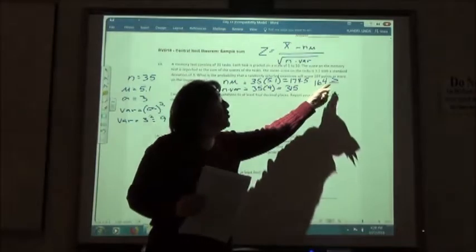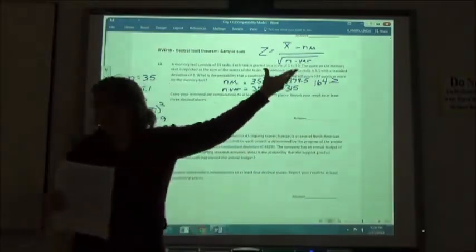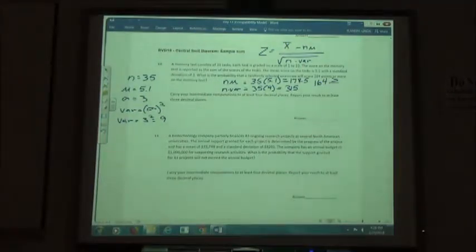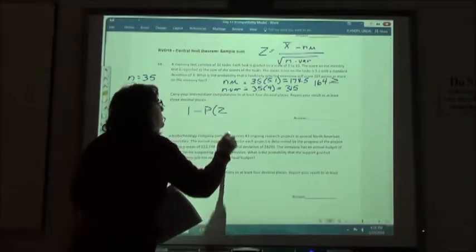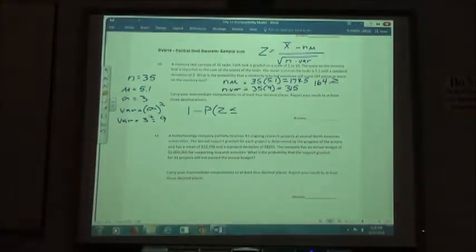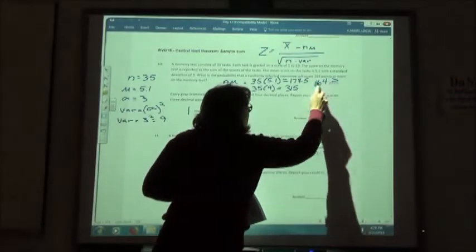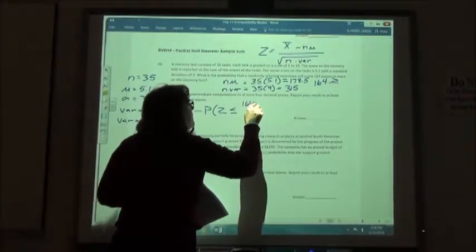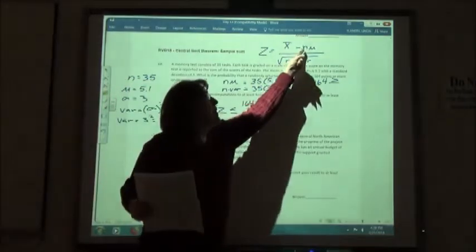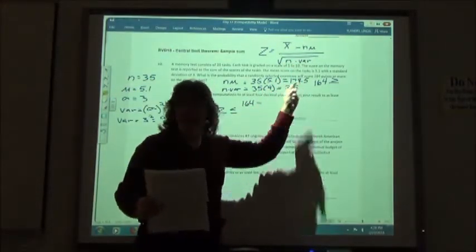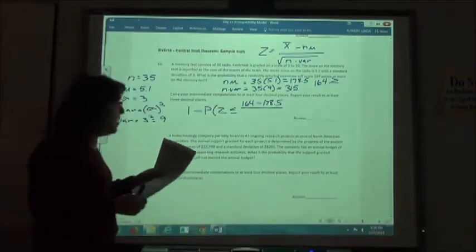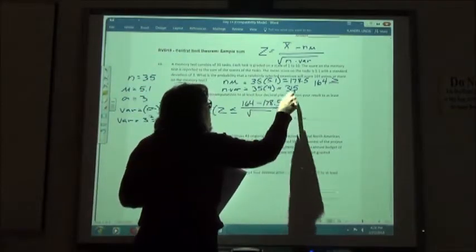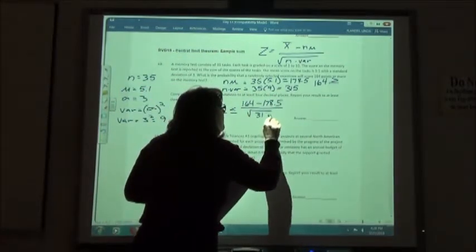Now notice again this one is a greater than instead of a less. Since our calculator does less, we have to do 1 minus in our formula. So we're going to do 1 minus P of z less than or equal to our x bar, the value that we're trying to calculate here, 164, minus n times the mean, which was 178.5, over the square root of n times the variance, which is the 315.